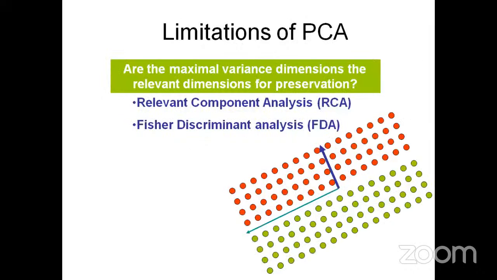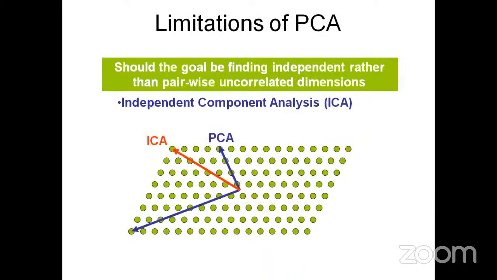Limitations are the maximum variance dimension, and the relevant dimensions for preservation, that is relevant component analysis and Fisher discrimination analysis.